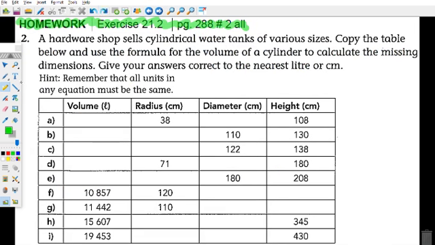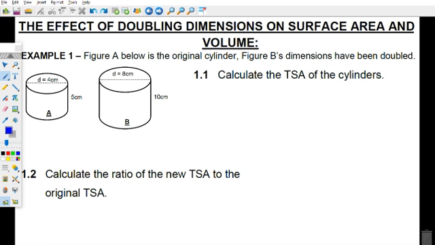A hardware shop sells cylindrical water tanks of varying sizes. Copy the table and use the formula for the volume of the cylinder to calculate the missing dimensions. So we just have to do that volume formula again and again, and we can find out the missing things. Okay, we can work that out.